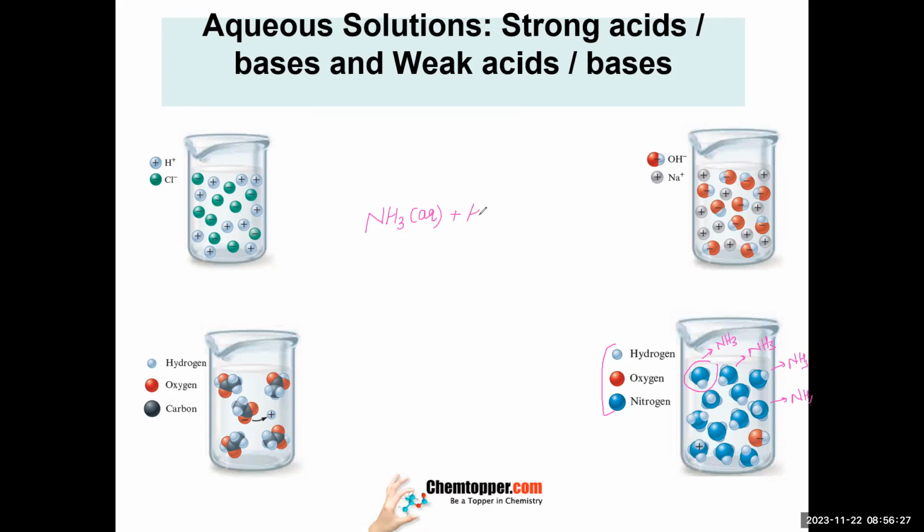You add water, and then it's a weak base and it's a base because it's going to give you OH minus. So don't worry about the equation. Equation you are going to learn in unit 8. So I'm giving you the complete equation. So you can see OH minus here. So it's a weak base. We are good with this? Understood?